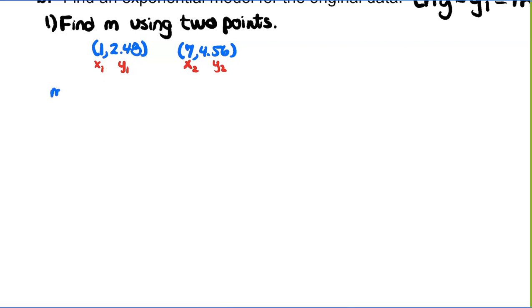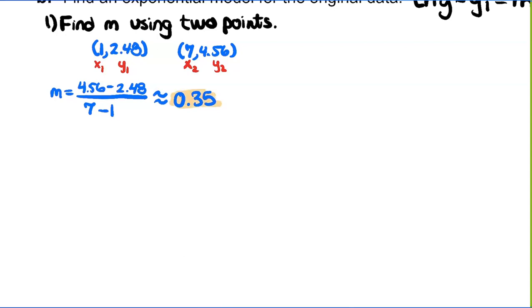My slope here will be m equals y2, so 4.56, minus y1, which is 2.48, over x2, which is 7, minus x1, which is 1. You enter this into your calculator, and you're going to get that this is about 0.35. For these, in general, round to the second decimal place for everything. Okay, I found my slope.